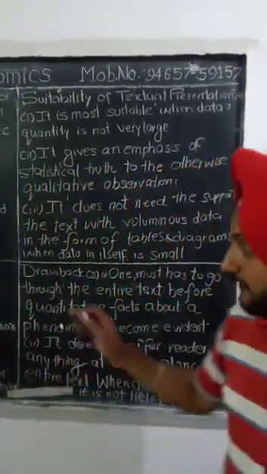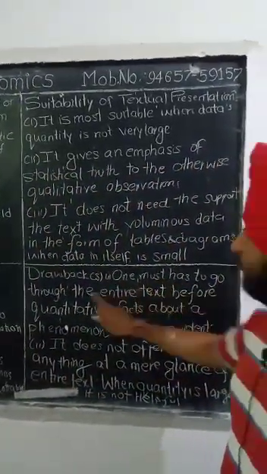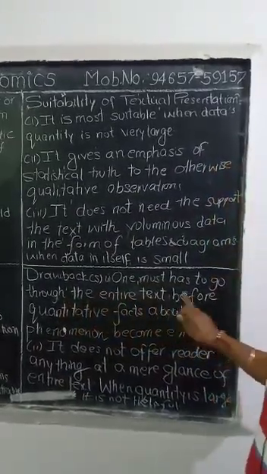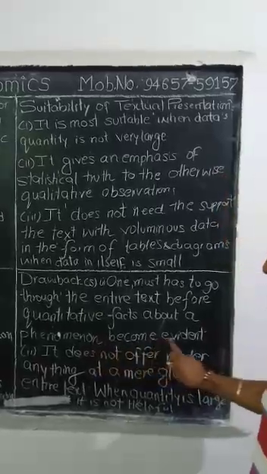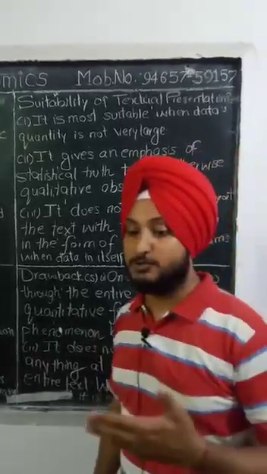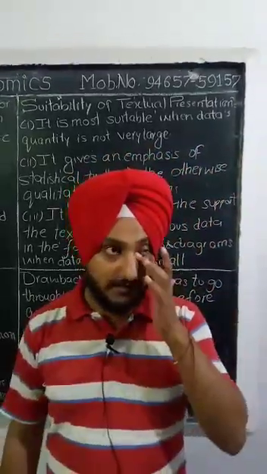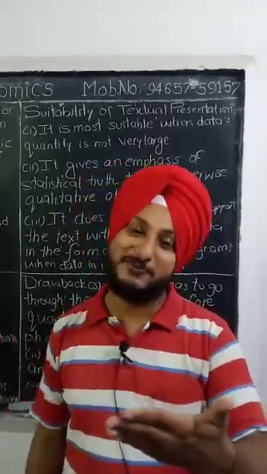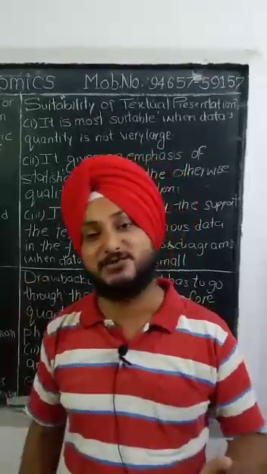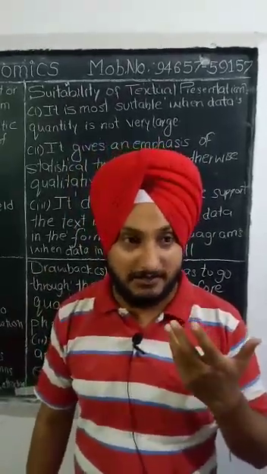First of all, we will read the content. One has to go through the entire text before quantitative facts about a phenomenon become evident. So it means whensoever you are given any textual presentation, you have to go through all the context written in the data.